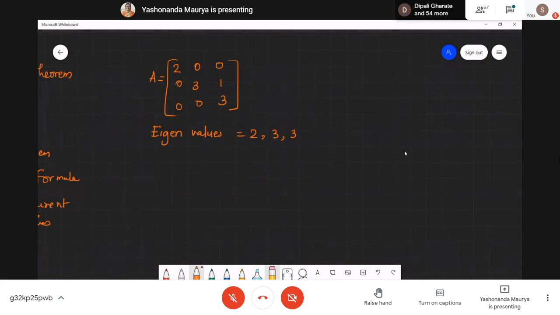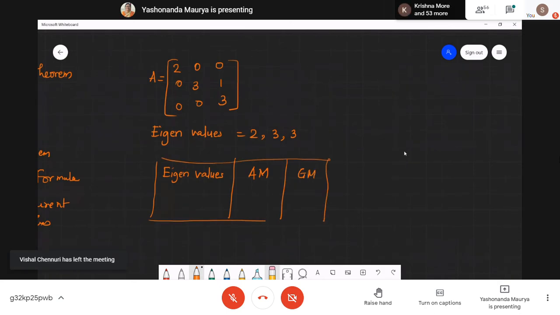Now if I want to write down these numbers, I will prepare a table here, where I will list my eigenvalues, algebraic multiplicity, and the geometric multiplicity.